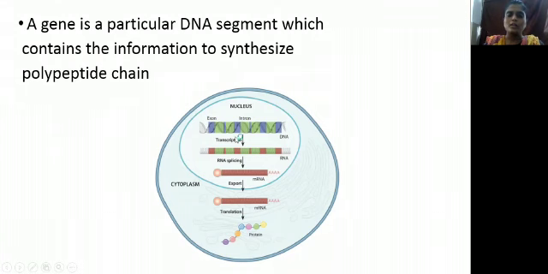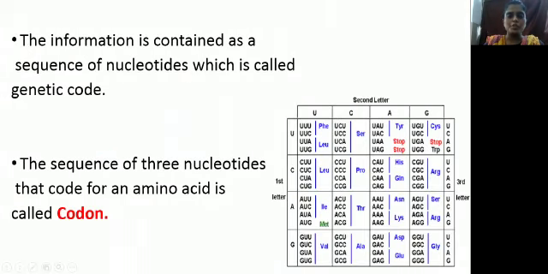So actually, a gene has information to code a protein. The information present in a gene is contained as a sequence of nucleotides, which is called the genetic code. As we know, a gene is a part of DNA, and DNA is made up of nucleotides. So the information within a gene is in the form of nucleotides, and that is called the genetic code.